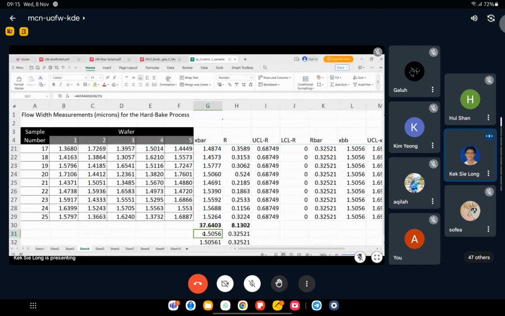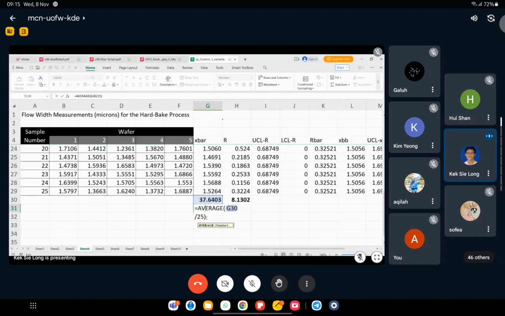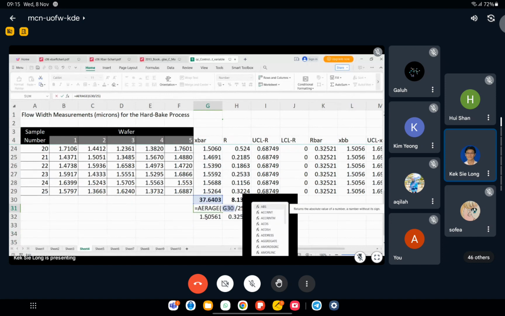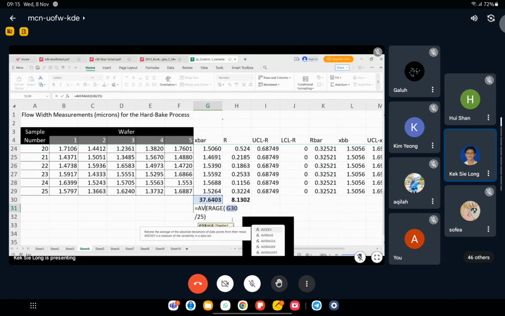And then this is to get the average. This is the row. Average.